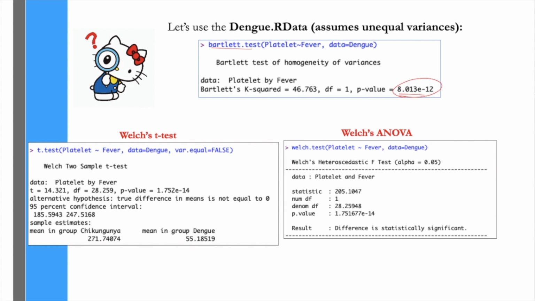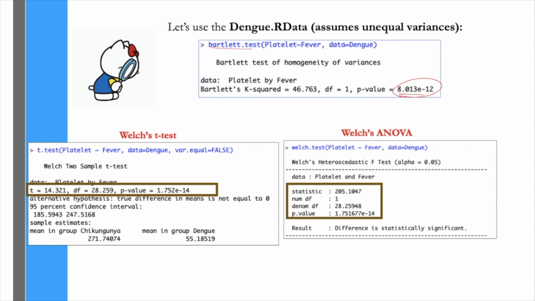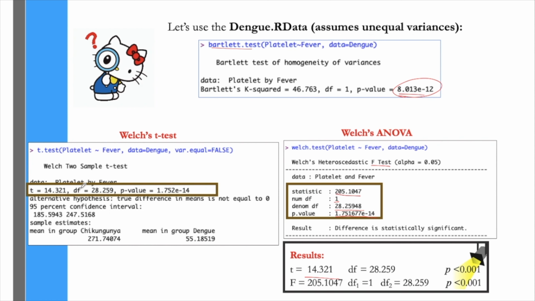So take a look at the t-statistic, the df, and the p-value using the Welch t-test, as well as the test statistic F in the Welch ANOVA, the degrees of freedom, and the p-value here. So the t-statistic is 14.321, df is 28.259, and this p-value is less than 0.001. And likewise, we have the F-statistic here. We have the df 1 and 28.259, and p-value which is still less than 0.001.